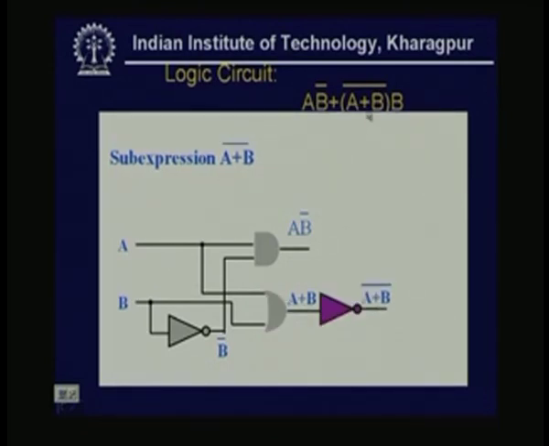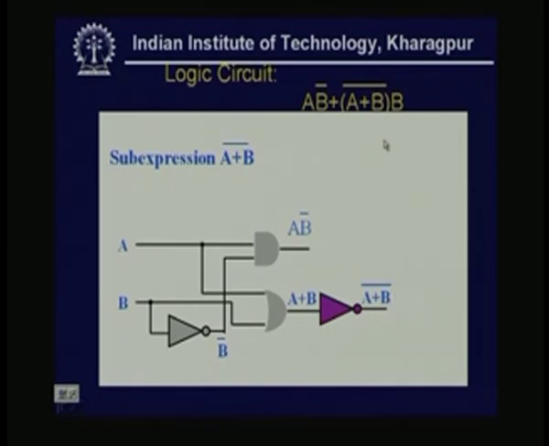Now, A plus B complement. So, simple, I will put one NOT gate, with A plus B directly applied as the input of a NOT gate or an inverter, and then the output will be A plus B complement.